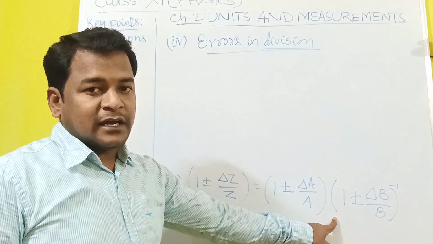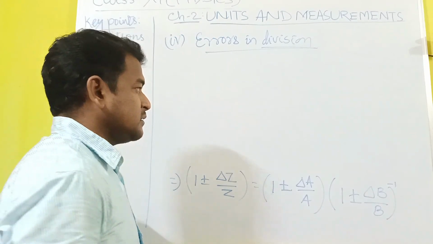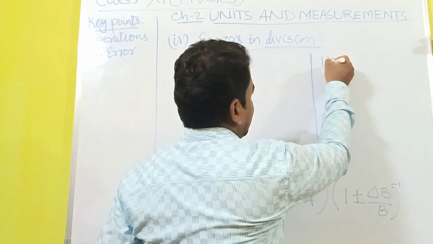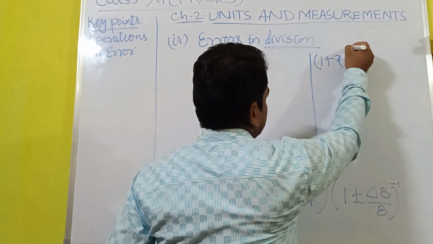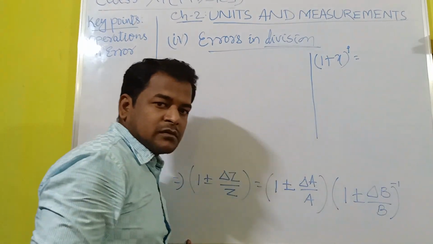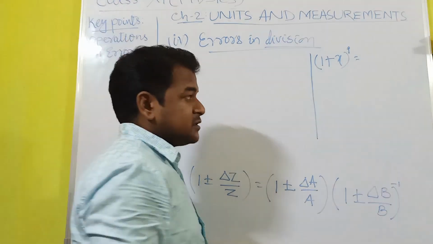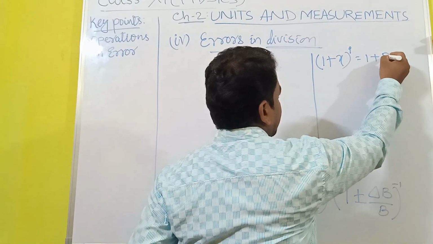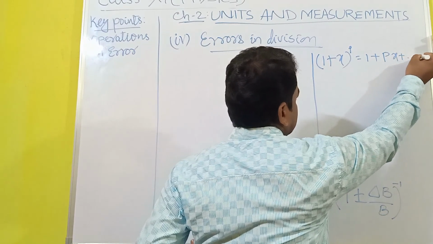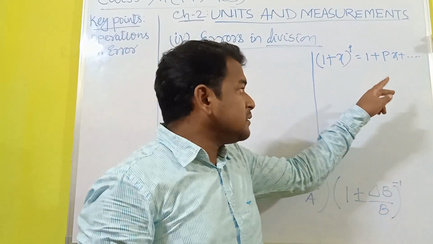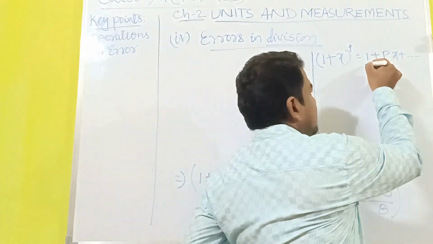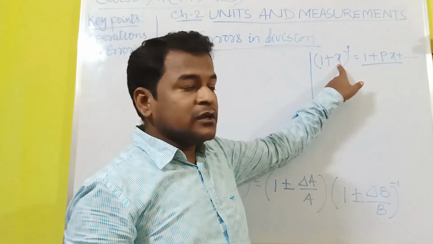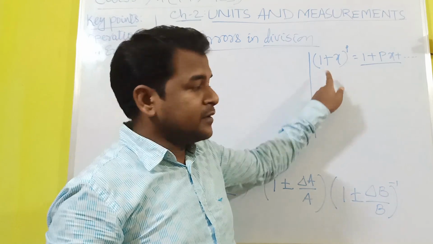Now we will take the help of binomial expansion here. What is binomial expansion? Look, 1 plus x to the power p, suppose. According to binomial expansion, it will be 1 plus px plus other terms are there, but we will limit up to this much provided x is very small as compared to 1.